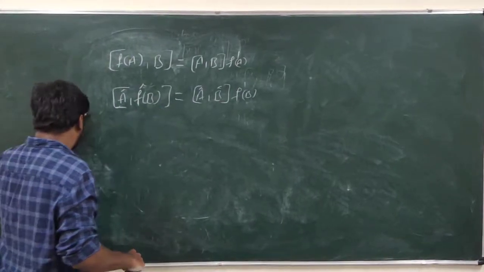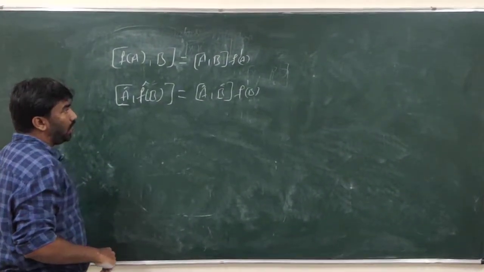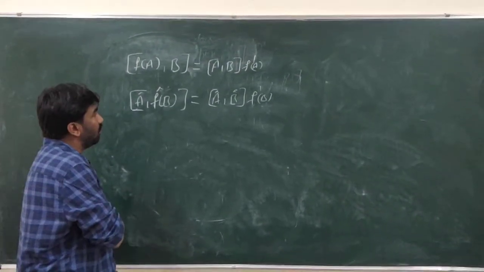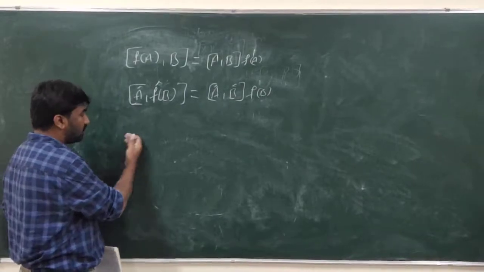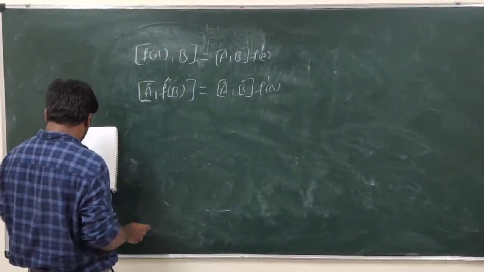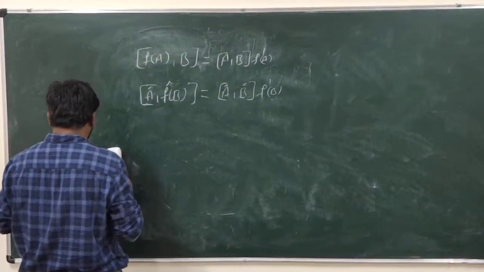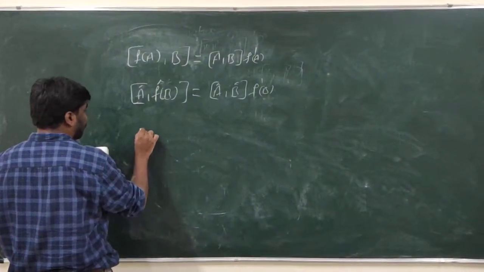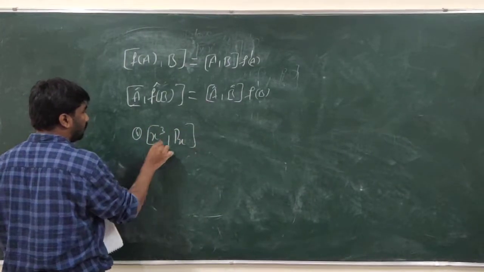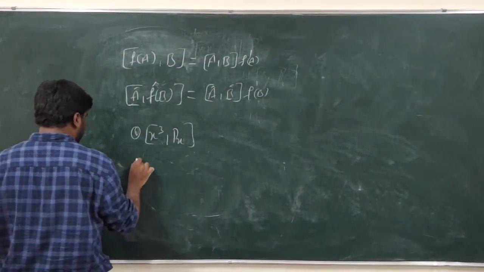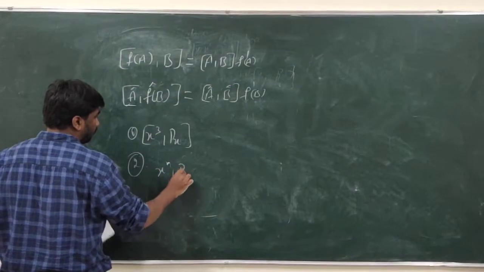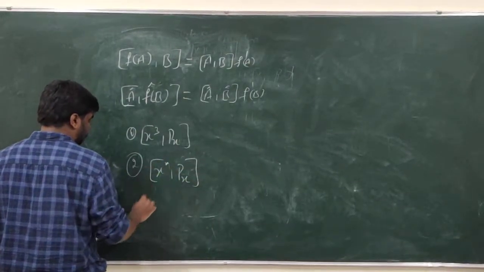Okay, and today I will give some more examples for this type of problem. You try it at home. In the next video we will discuss those problems. In the first one, [x³, px], so try this one. Second one, [xⁿ, px].